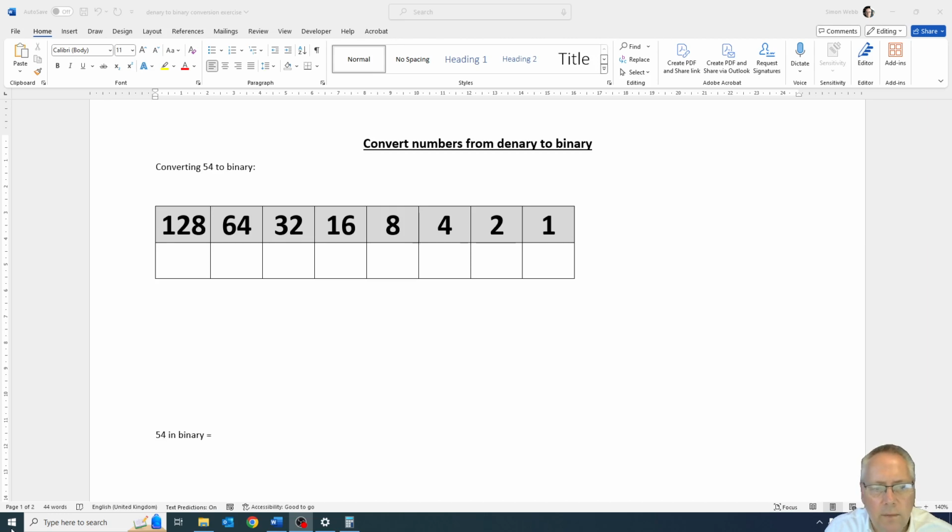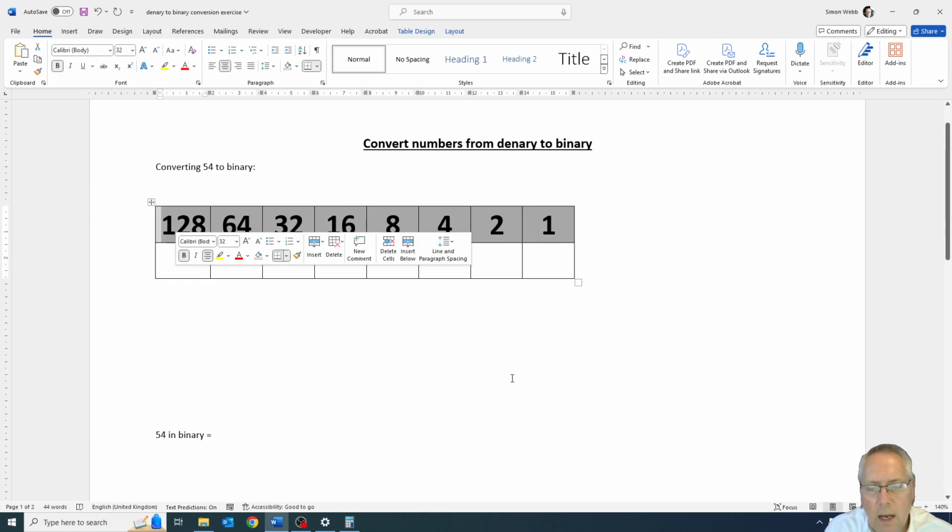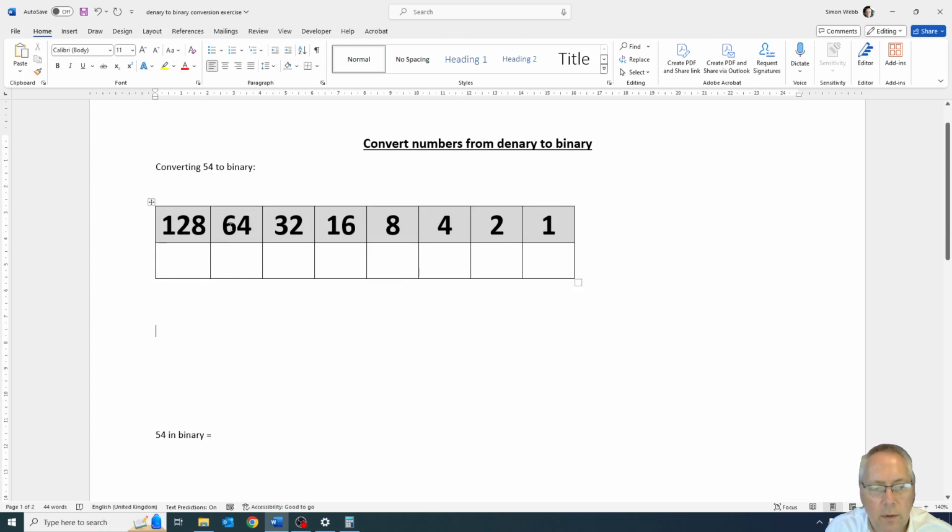If you look at the grid that's in front of you, you can see that we have a number system here. I've just highlighted that on the screen, and that goes from 1, 2, 4, 8, 16, 32, 64 and 128, and you'll notice that those numbers double. We're going to work from the left hand side, starting with the biggest number, and we're going to convert this 54 into a binary number.